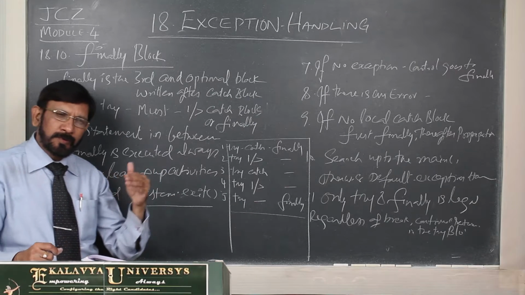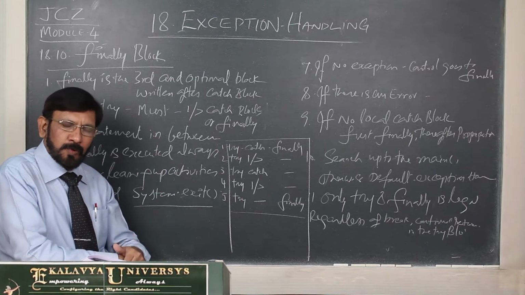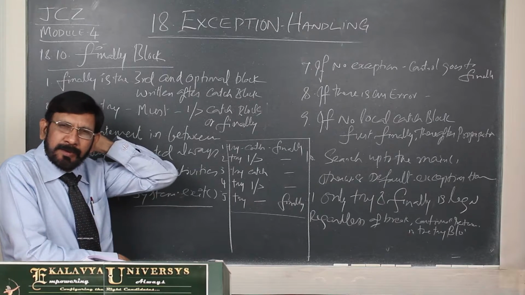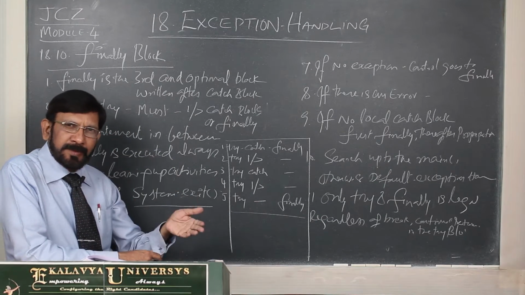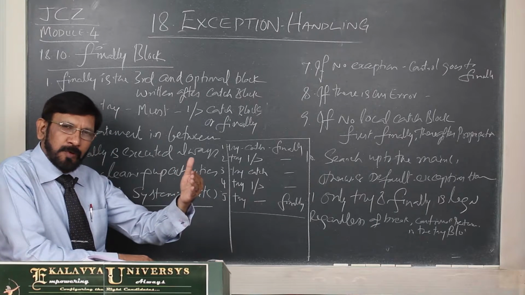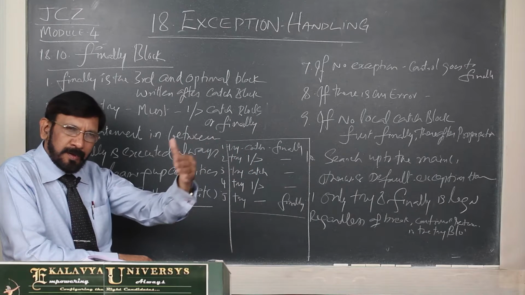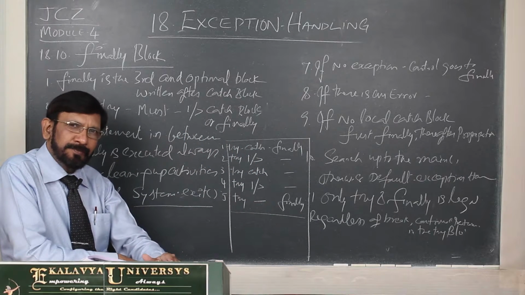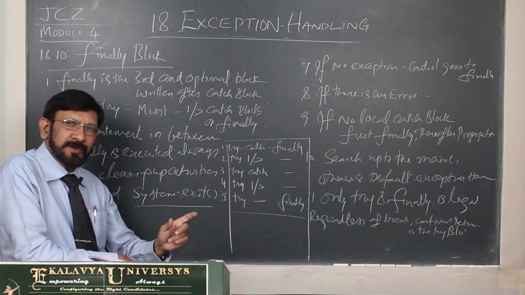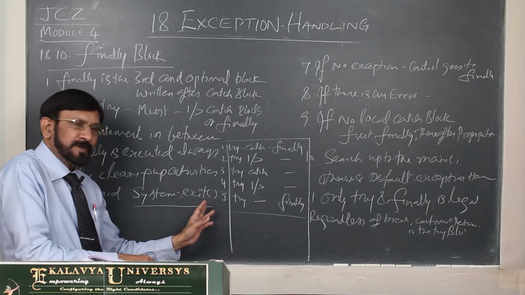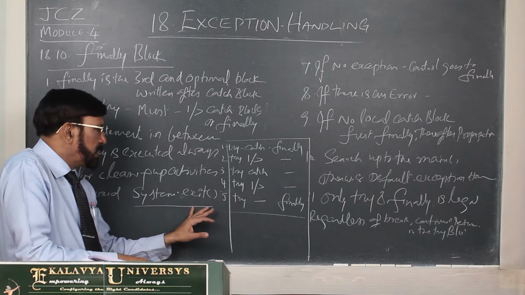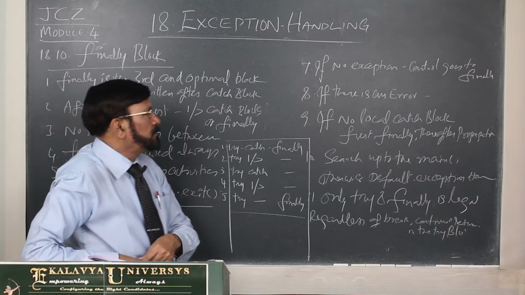If you want to abort your program, you can write this method in the try block. Then what happens, if this is executed, the runtime system terminates the program. That is why even though the finally block is present, it is not executed. This is the only way to avoid execution of the finally block. This point you must remember.